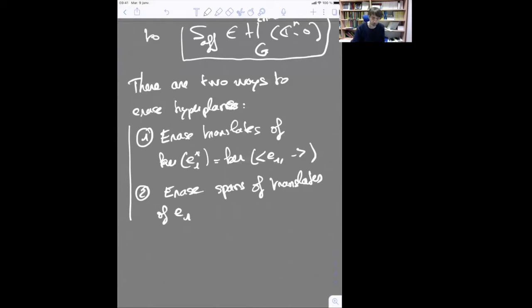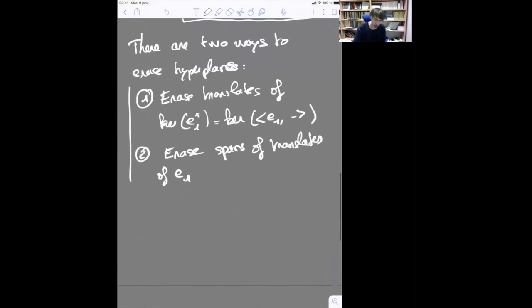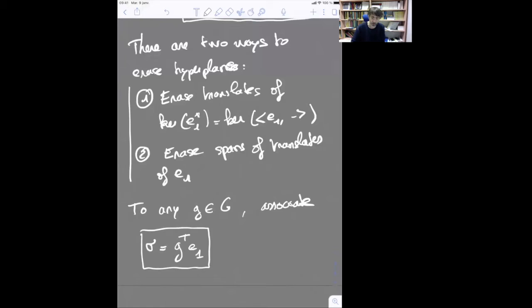So to do that, I will associate to any element g in G two types of vectors. The first one corresponds to the translate of the kernel of e1: you translate e1 by g transpose, and I will denote it sigma.